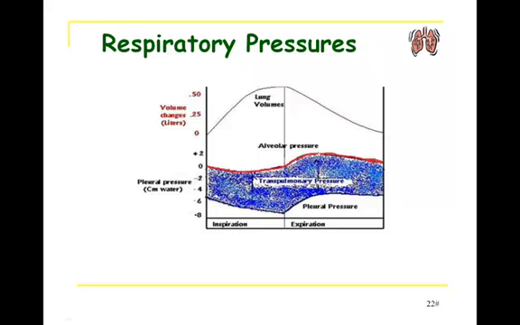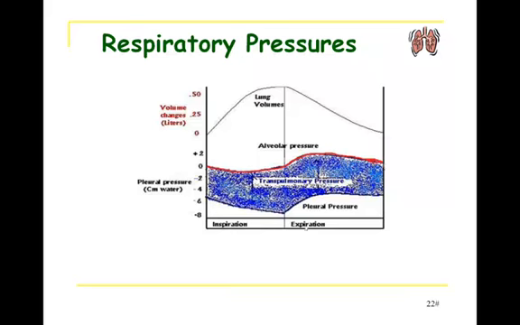And so what happens then? Air starts moving out. You see the lung volume start to decline. Now the pressures start to decline as air molecules are leaving those airways, and so pressures start to go back to 0. So again, at the end of expiration, the alveolar pressure will be the same as atmospheric pressure.